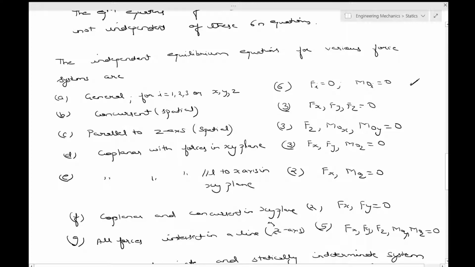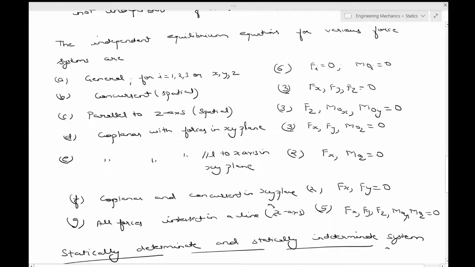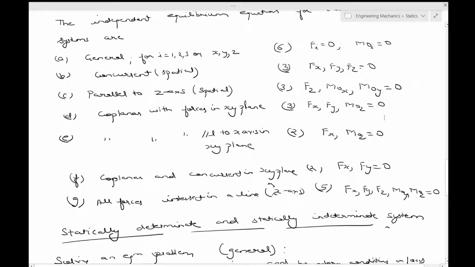And if you have a coplanar force system in an xy plane or any plane, and the number of unknowns is more than 3, then again it is statically indeterminate. Okay, so this list is somewhat exhaustive, so you don't have to worry about finding a very new case later, but if you have to, you should be able to do it with all the knowledge which you have.